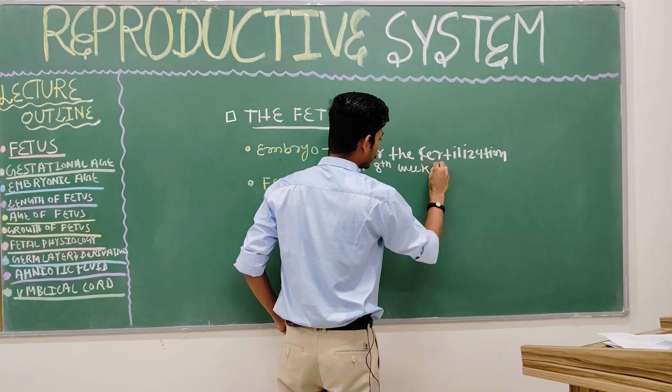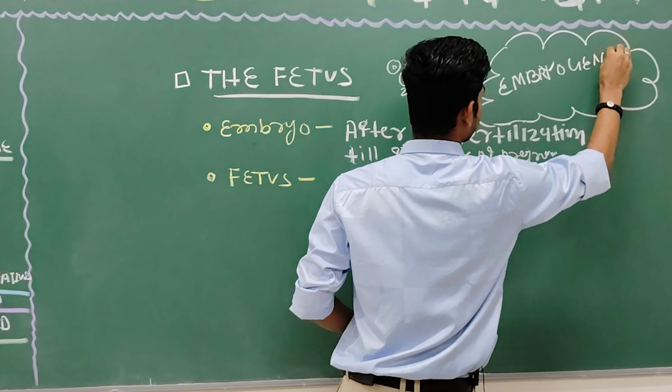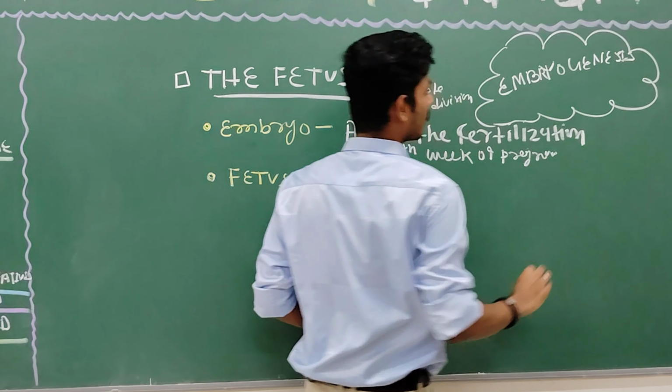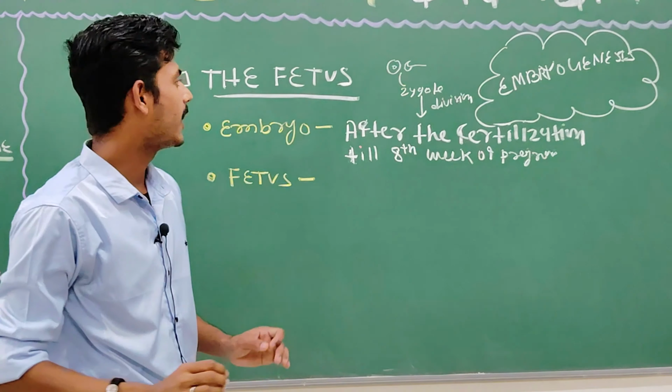It results in one multicellular structure called the zygote, isn't it? This zygote undergoes division until the 8th week. This whole dividing structure is considered the embryo, and this process is called embryogenesis. Formation of the embryo is called embryogenesis.